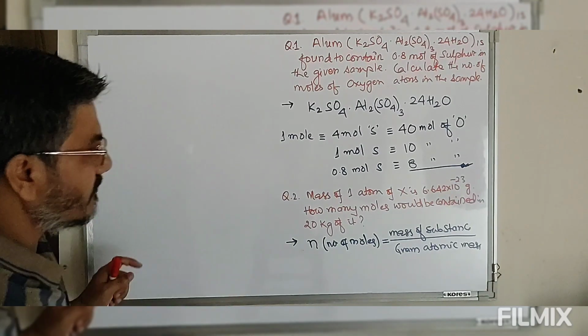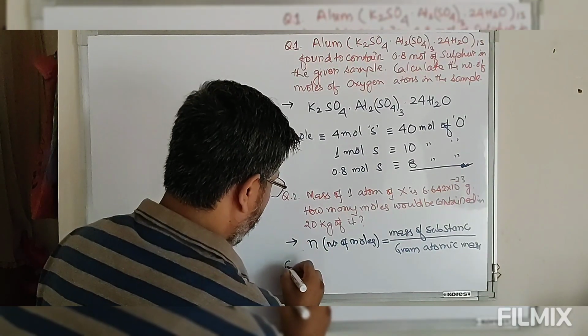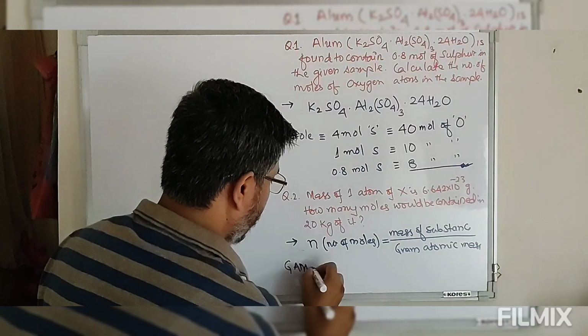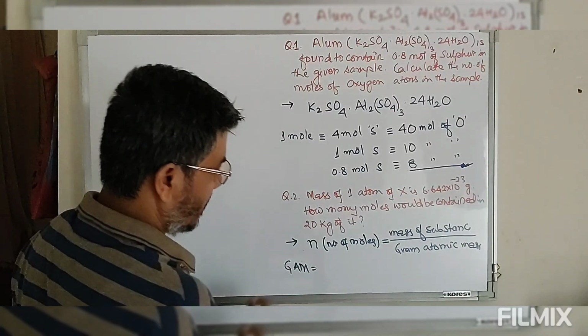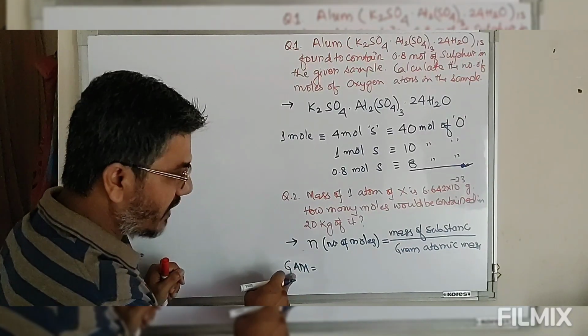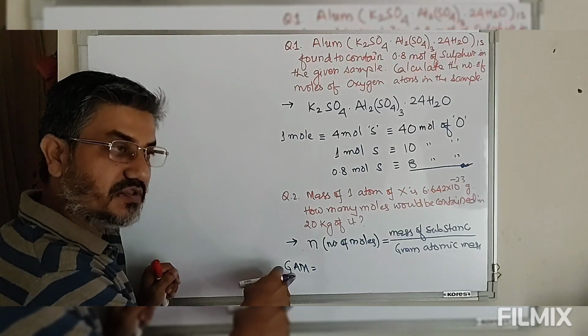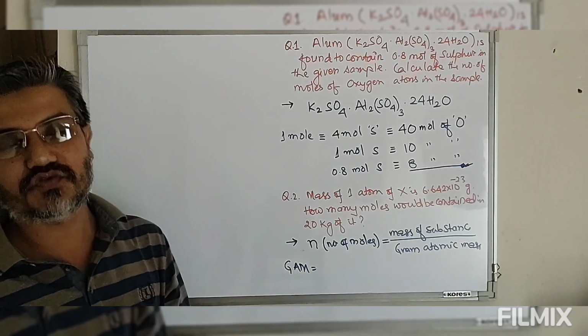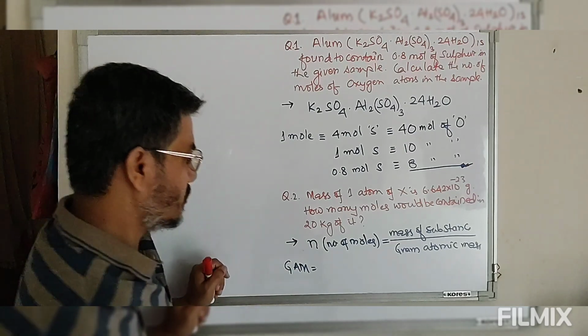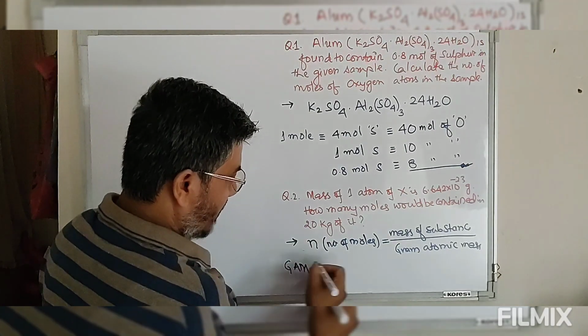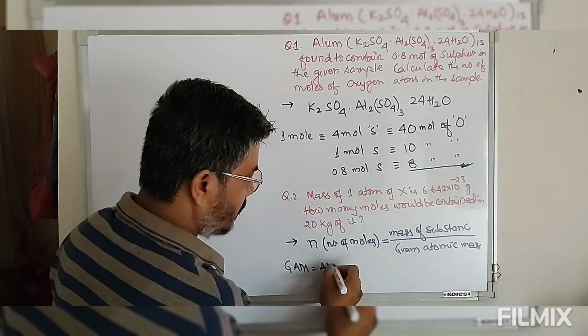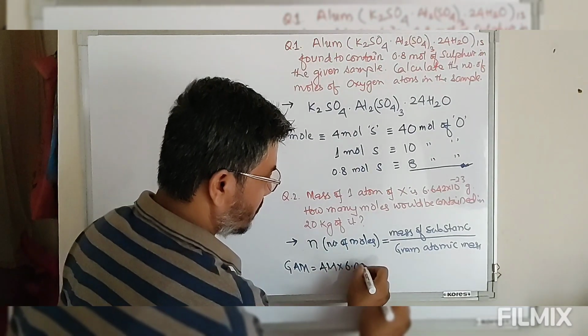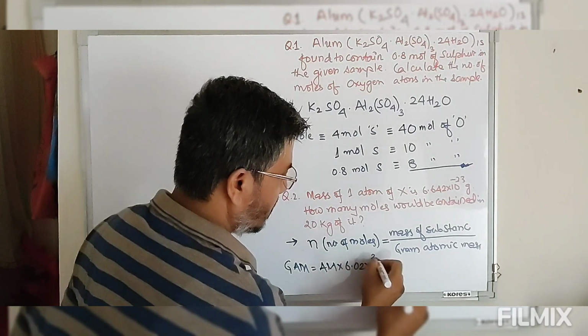Now we have to look at this, gram atomic mass is equal to the mass of 1 gram atom, that is 6.02 into 10 to the power 23 atoms, which is known as a gram atom. So therefore look at this, gram atomic mass is the absolute mass multiplied by 6.02 into 10 to the power 23.